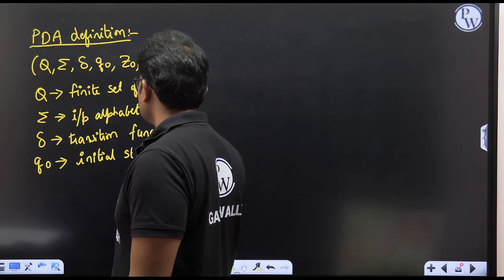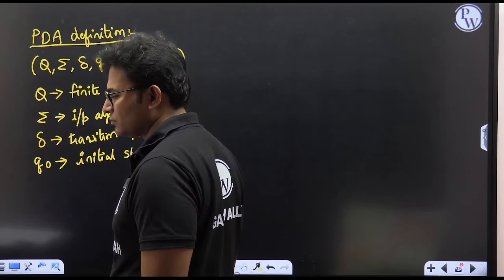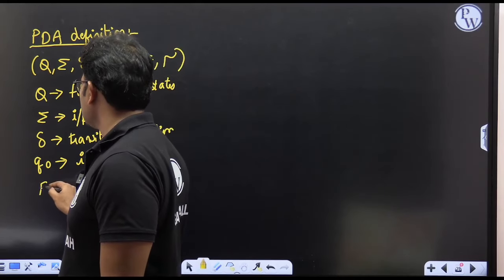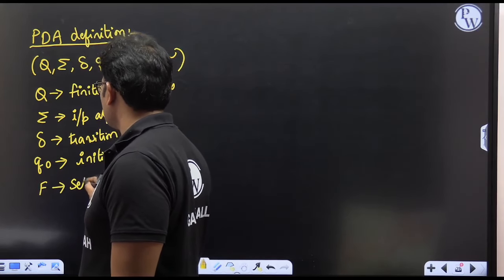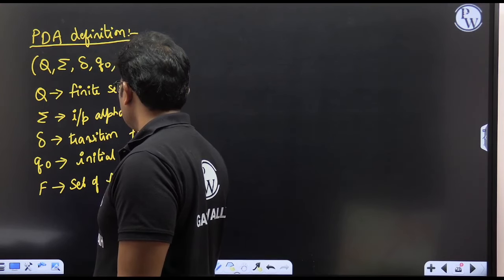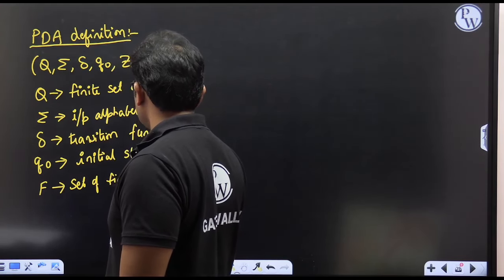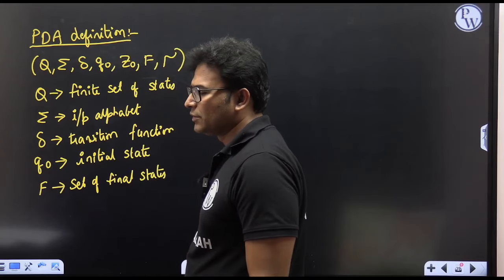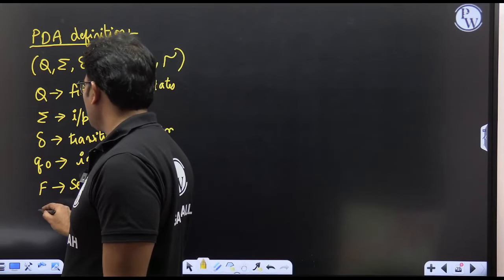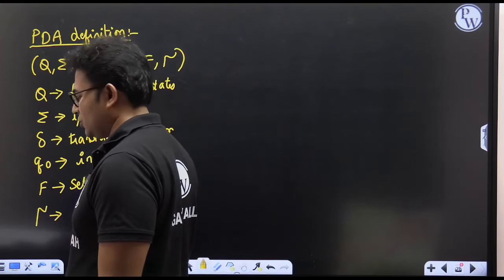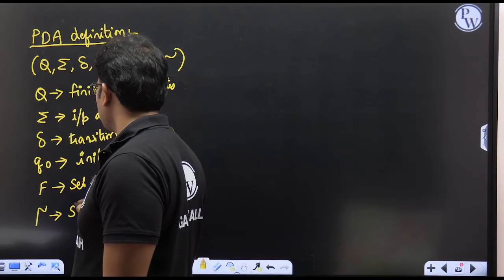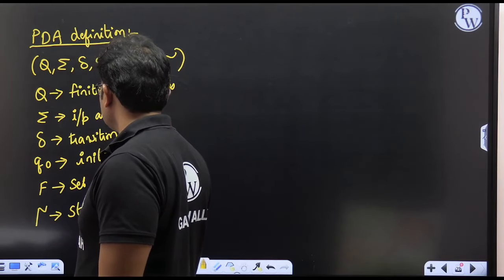F is the set of final states. And tau is the stack alphabet.